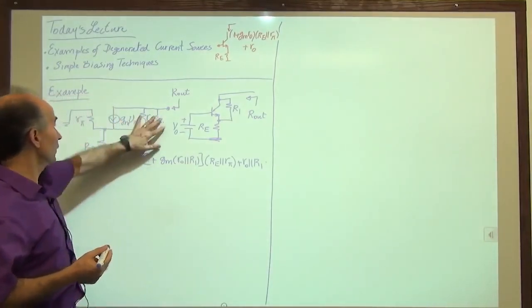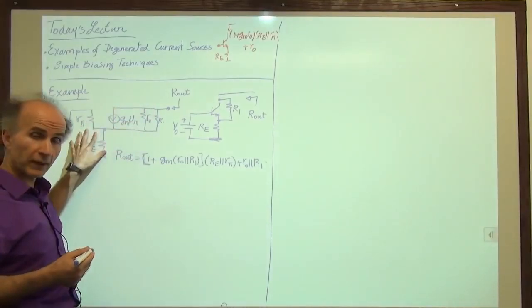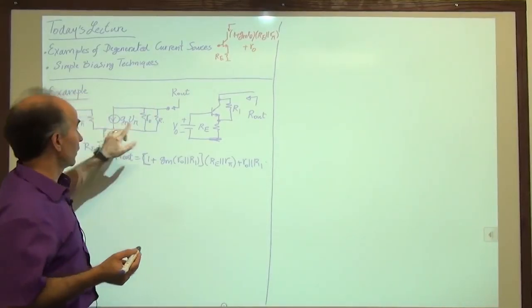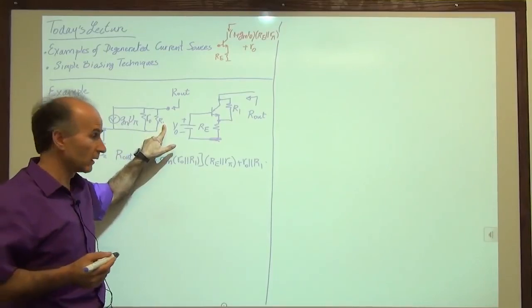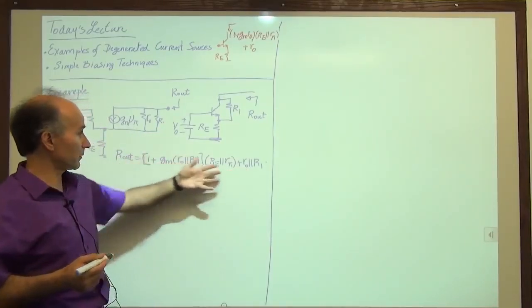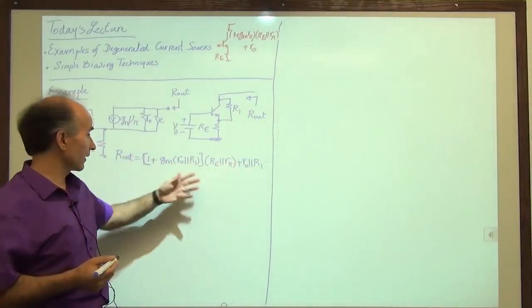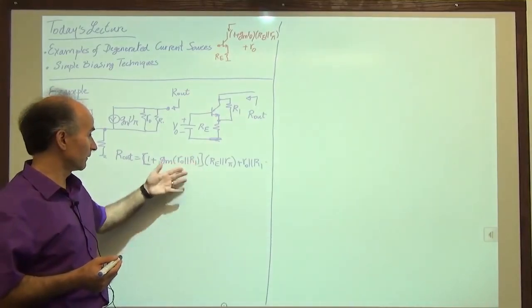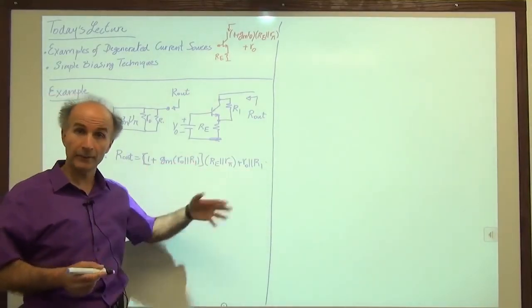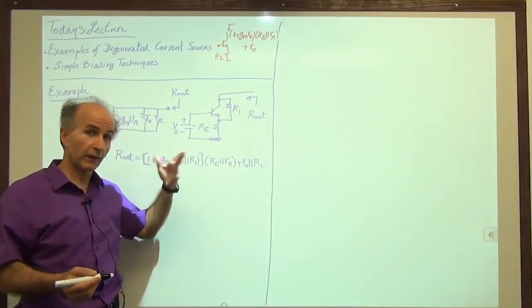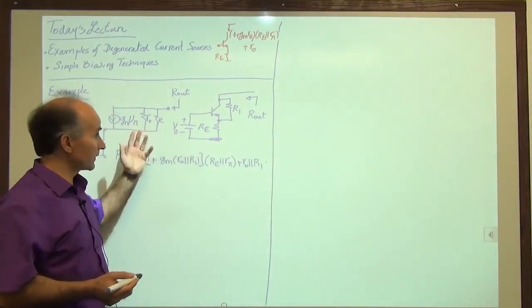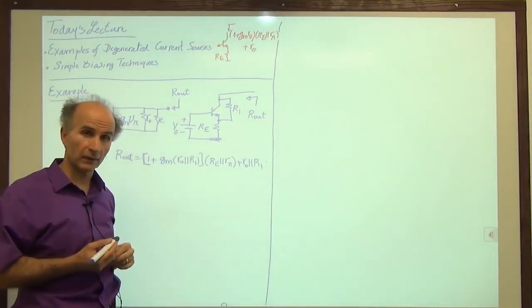Because if I just write the equations for this circuit and not realize that RO and R1 are in parallel, what do I get at the end? I get some big expression here, that has RO times R1 divided by RO plus R1, etc. It's a big mess. But by recognizing these little features, we can readily write the result.